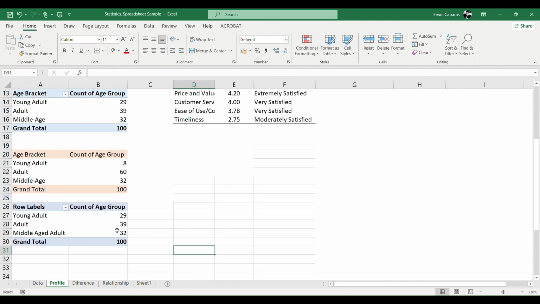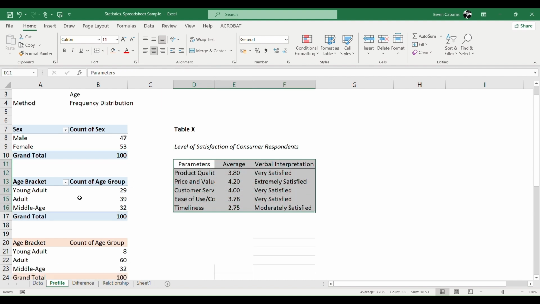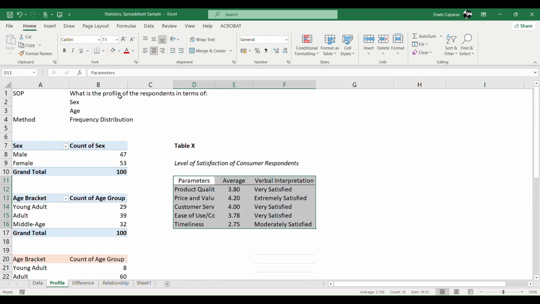We can present this using this format. Kung maalala natin, the APA format for the table, we have the table number, and then the title, which is presented in italics, and then we have the data. So that is how we present the frequency distribution. So that is for the profile of the respondents.